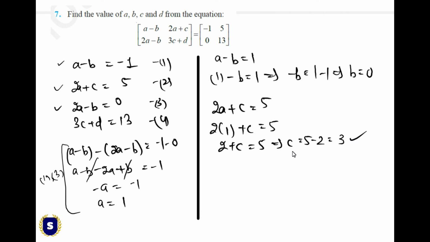We got the value of c also, b and a. So let us use equation number 4 now to calculate the value of d. The value of c is 3.